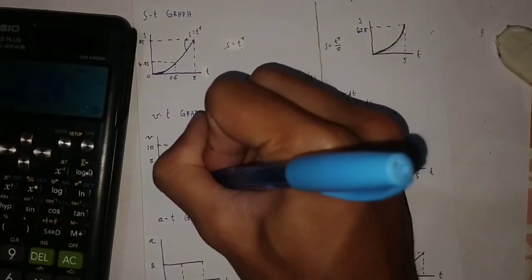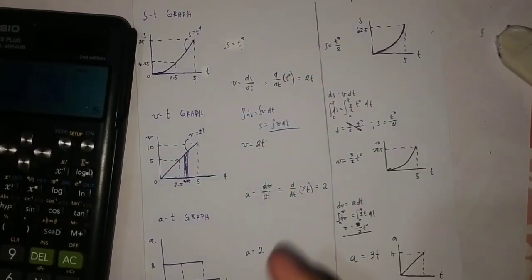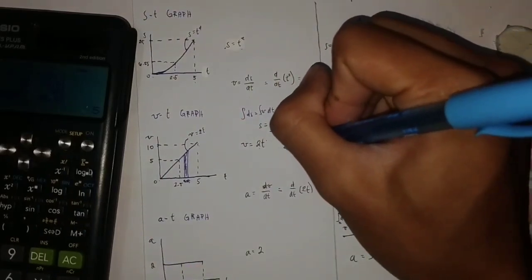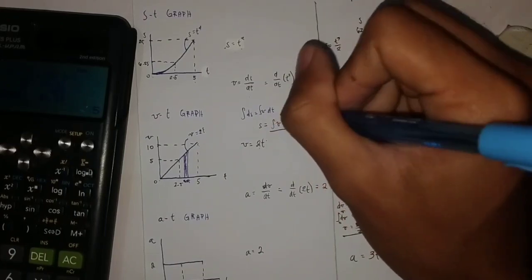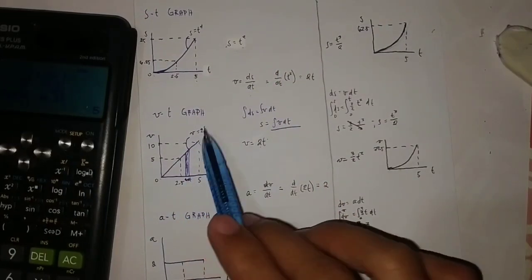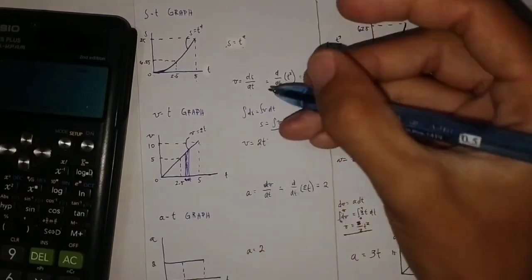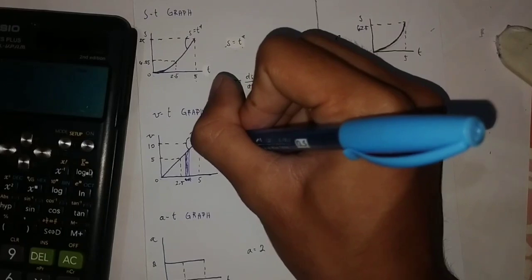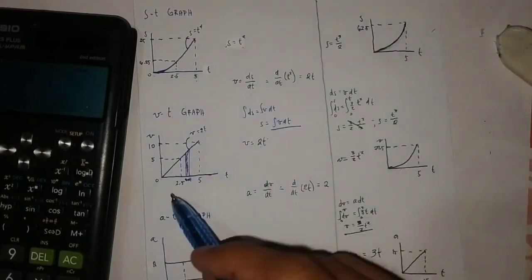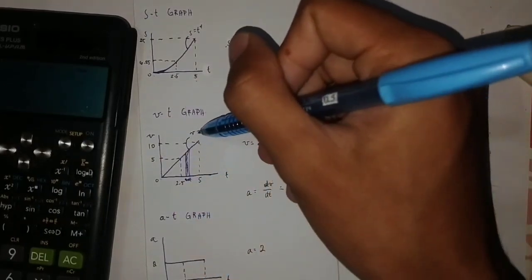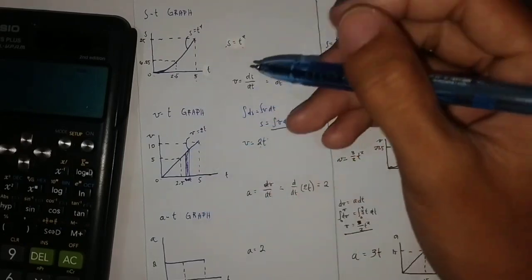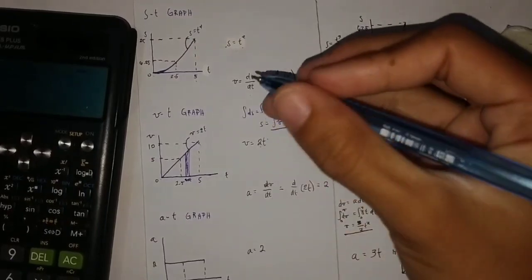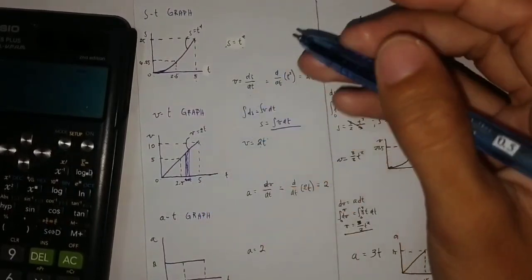So in this case, it is a triangle. Getting the area would be easy, or if there is any geometric shape present within your graph, you can easily get its total distance traveled.